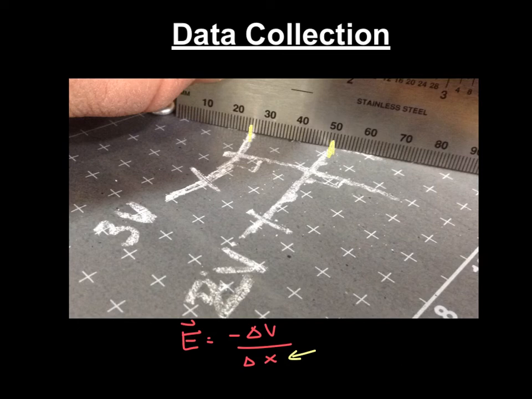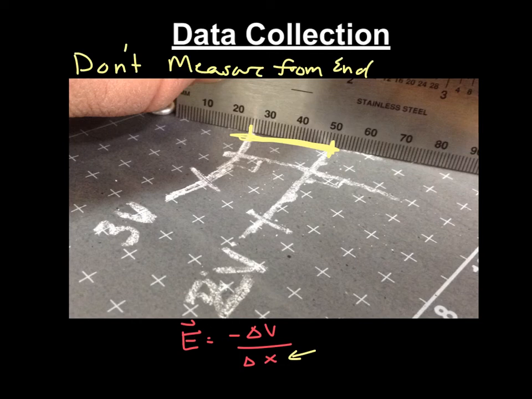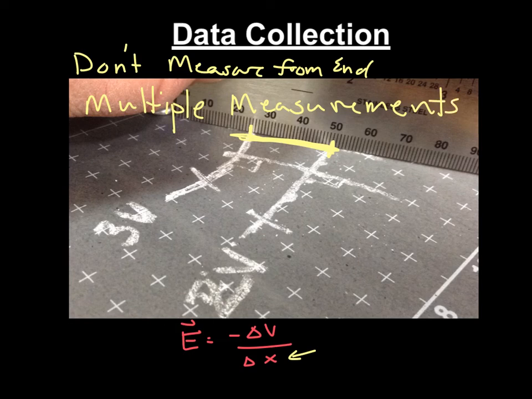These metal rulers are a little flexible, and again, do not measure from the end, and always take multiple measurements. Also, don't bend these rulers too hard because they can stay bent, but always get multiple measurements. That way you can get your error bounds.